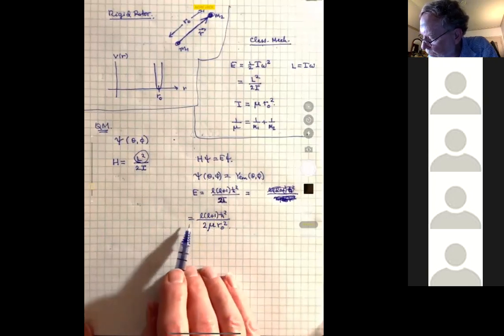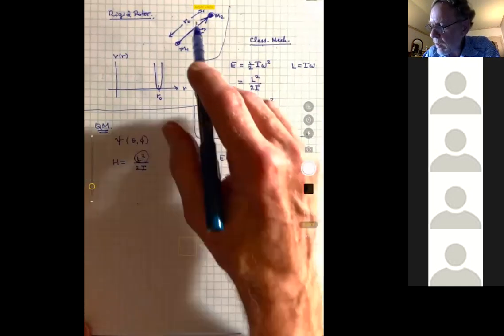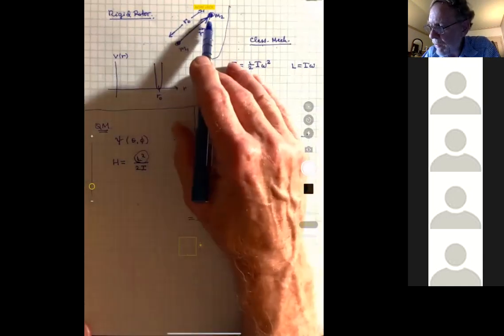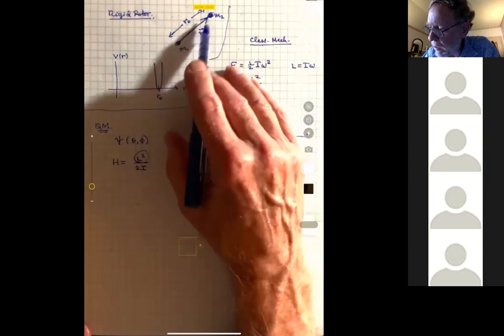Now look at this energy that comes out. This is an energy eigenvalue. We could also look at the operator. This is nothing but the rotational part of the kinetic energy of the rigid rotor. And that makes sense because the rigid rotor doesn't have any radial part of the kinetic energy because the radius is fixed.